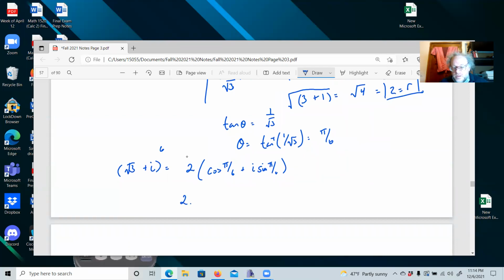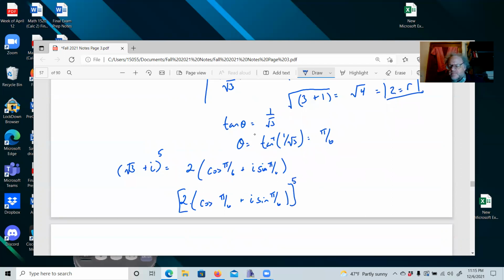No, not the 6th power, that's too easy. I think it was the 5th power, wasn't it? So we have cosine pi over 6 plus i sine of pi over 6, all raised to the 5th power.